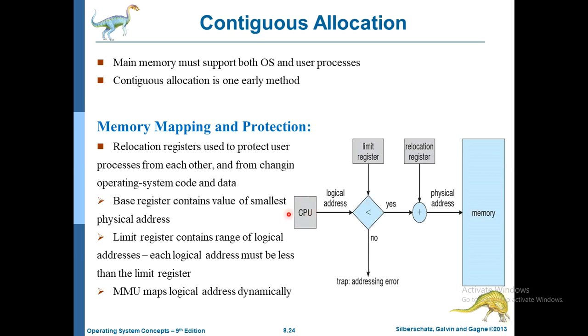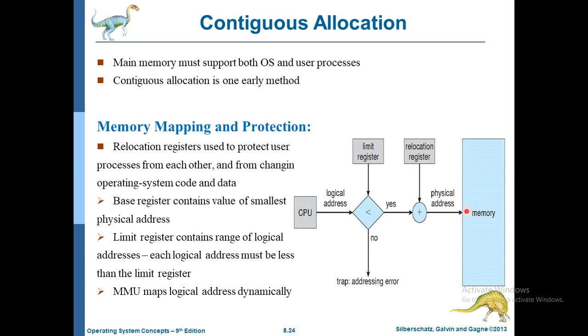First the CPU will generate the logical address. That logical address will be compared with the limit register value. If the logical address is less than the limit register value, then this condition is true. We add this logical address plus the base register or relocation register value, and we produce the physical address.